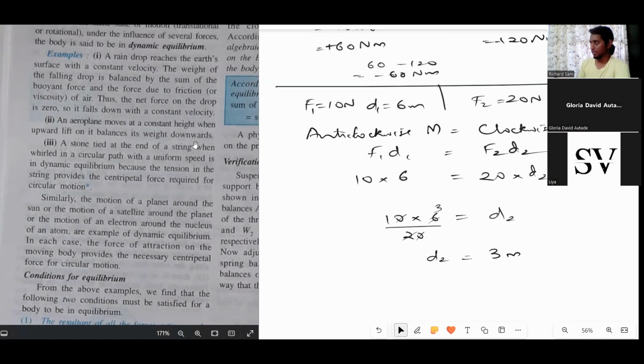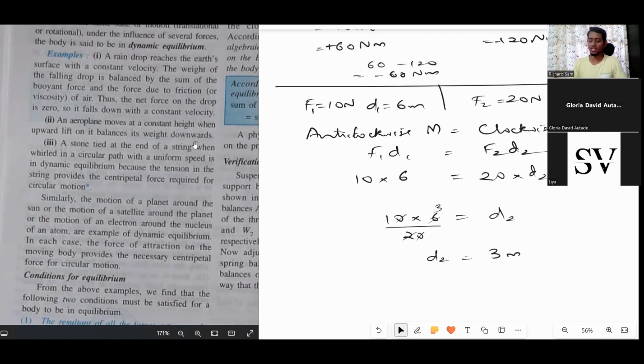The weight of the aeroplane, the weight of the passengers, the weight of the whole aeroplane is the force that pushes it downwards. And what is the force that pushes it upwards? Yeah, the air and the wings of the aeroplane that cut through the wind and try to pull it upwards.